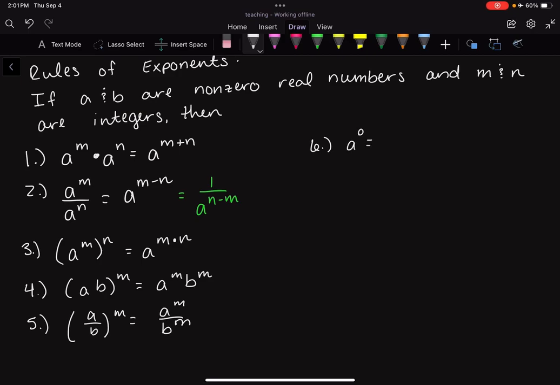Anything to the power of 0 is 1. Something you might find interesting, the reason for that is because if you ever have something over itself, it's supposed to just reduce to 1. But also, if you subtract the exponents, you get 0 as your exponent.